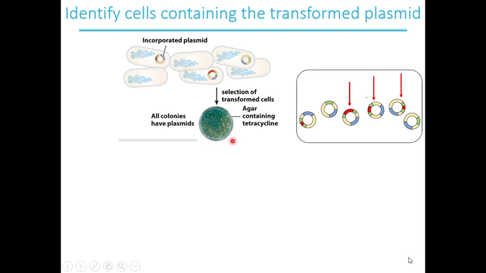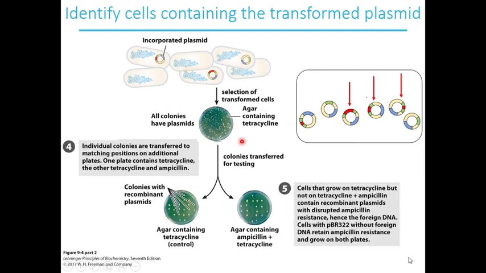The colonies that are present in the agar plates from the first selection process are repurified onto additional plates. So the individual colonies are transferred to matching positions on additional plates. One plate contains tetracycline and the other tetracycline and ampicillin.